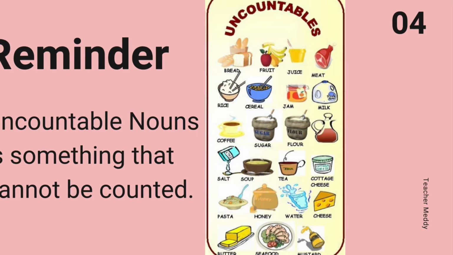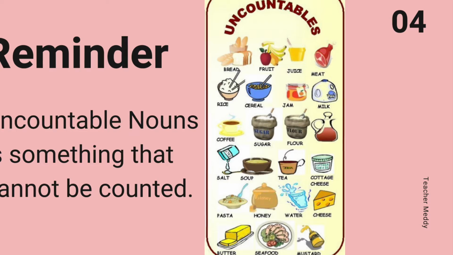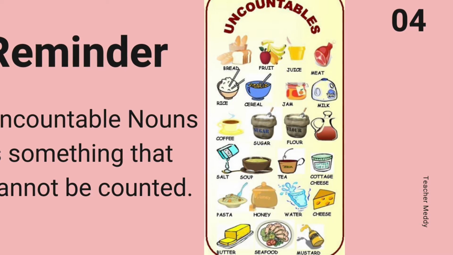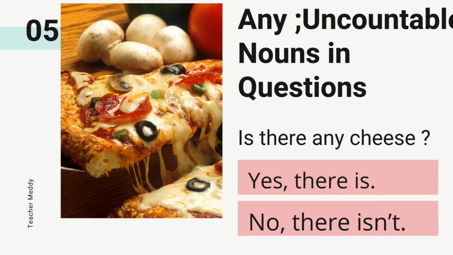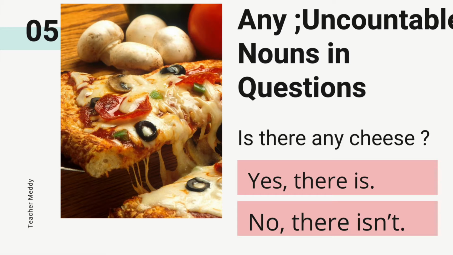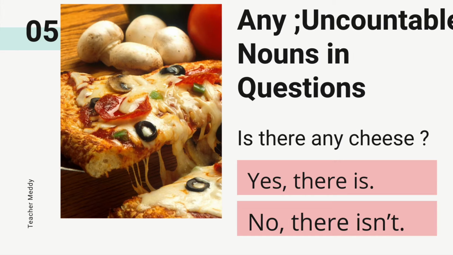Okay, so now let's go for our lesson today. Now, for our lesson, we are going to learn uncountable nouns in the form of questions. For example, the question will be like this. Is there any cheese?